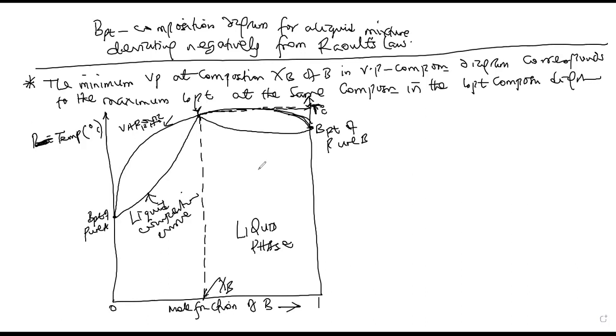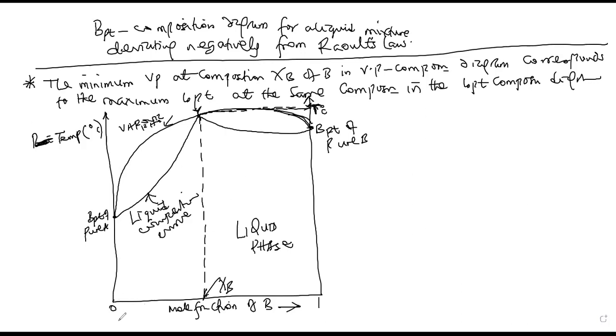I repeat, addition of liquid B to liquid A results into an increase in temperature up to point Y, where the composition of the liquid mixture is XB of B, and the mixture boils at a temperature T degrees Celsius.